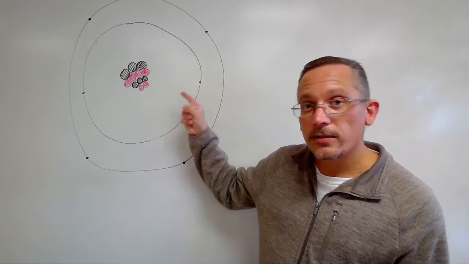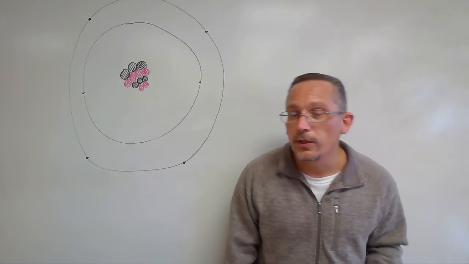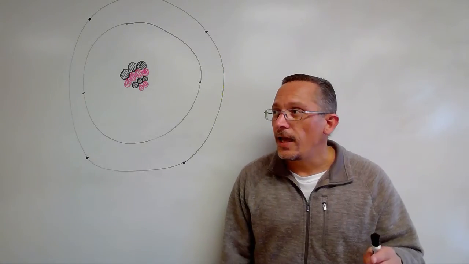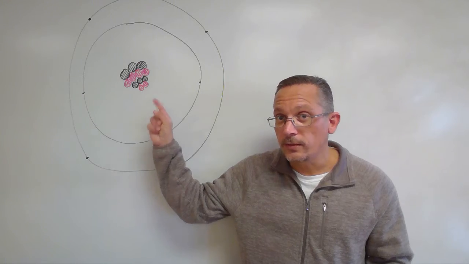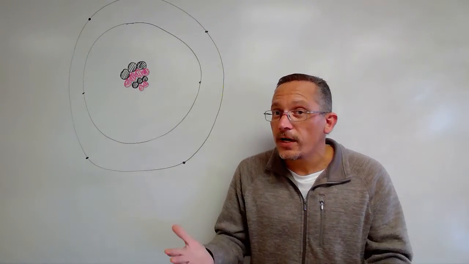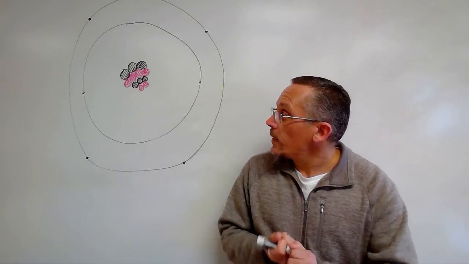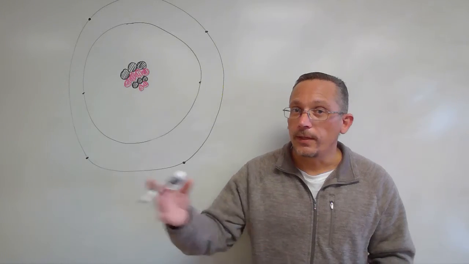This particular isotope of carbon has 6 neutrons. Another fairly common isotope of carbon has 8 neutrons. They're both carbon, they both have 6 protons, but they have different numbers of neutrons. These are isotopes. And we usually use particular symbols to talk about isotopes.